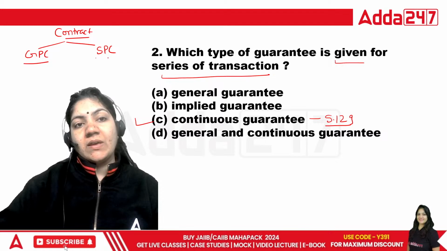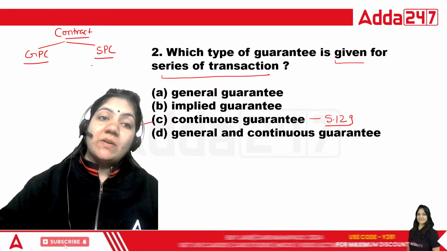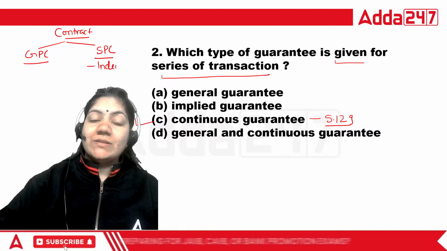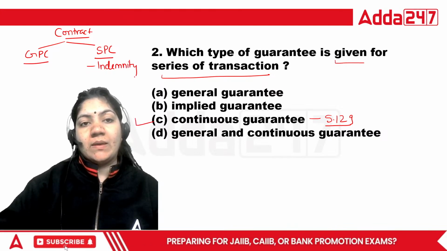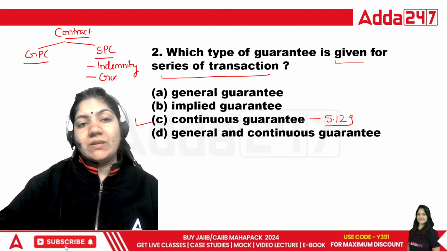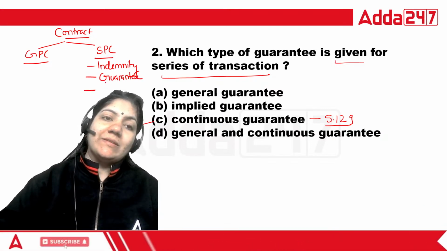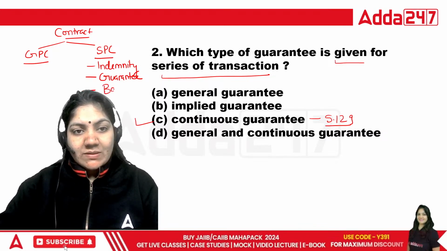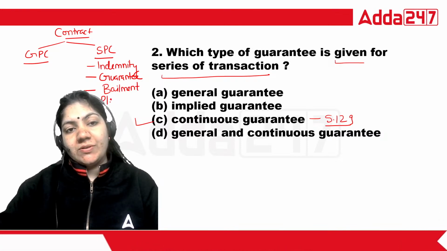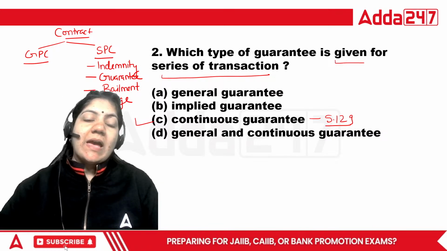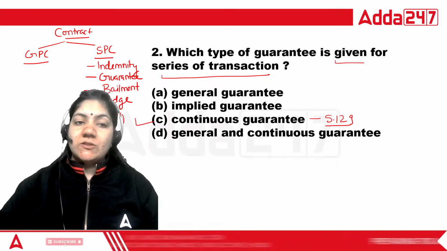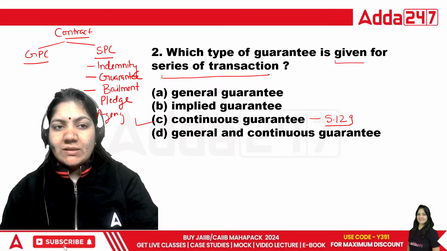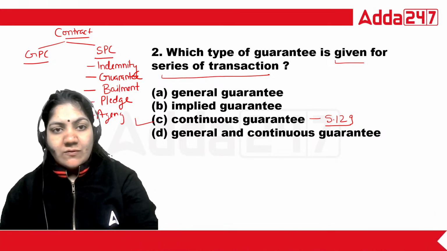In the special principles of contract, there are the contract of indemnity, the contract of guarantee, bailment, pledge, and agency. So these are the five concepts that we have to study.